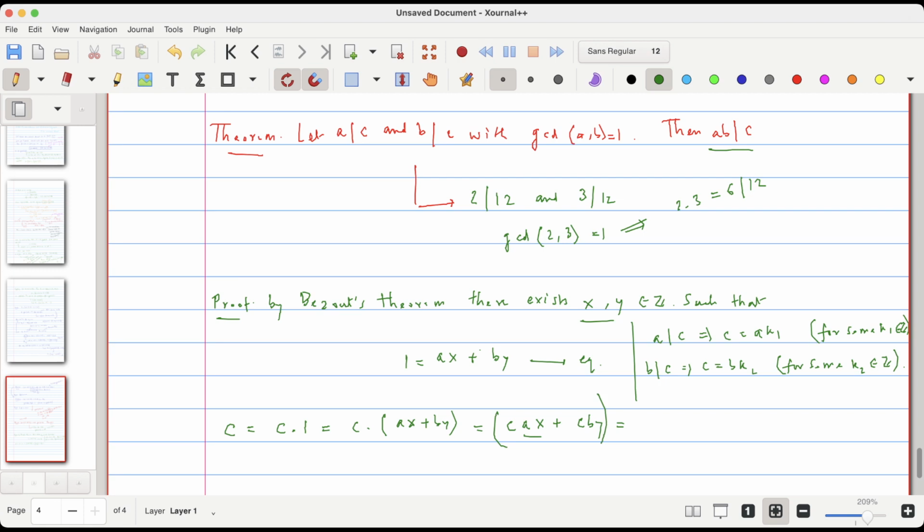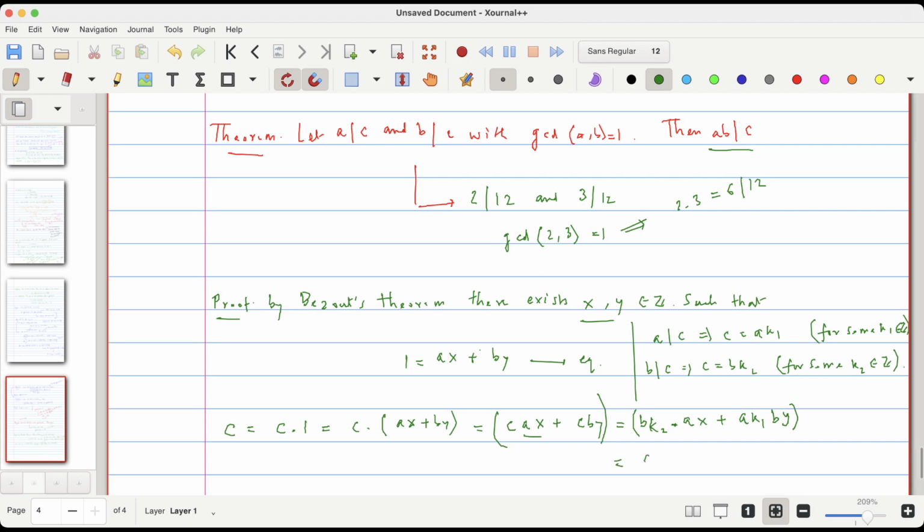So I may need to replace bk2 in place of C in the ax term, and in the by term I will substitute ak1 because I already have a b here.